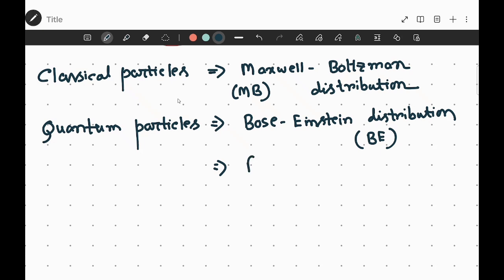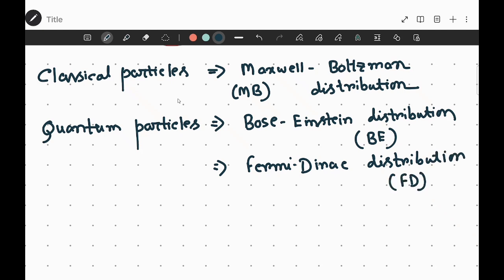And if it follows the Fermi-Dirac distribution, it will be FD stat, and it will be called a fermion.